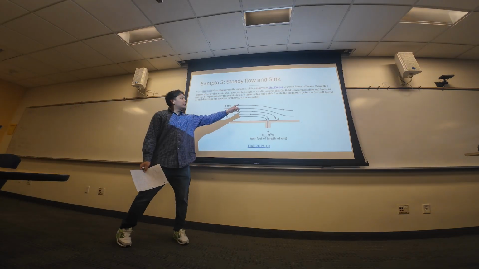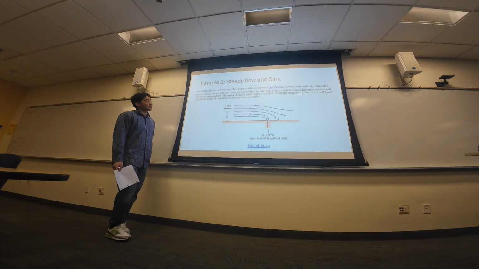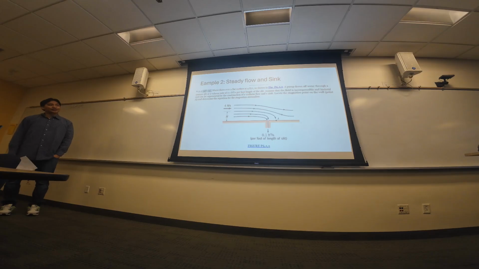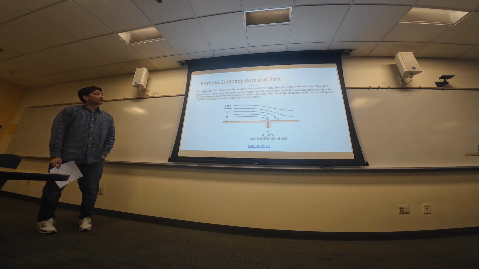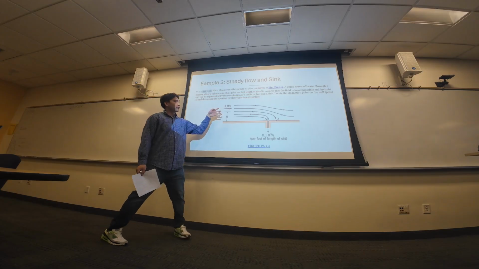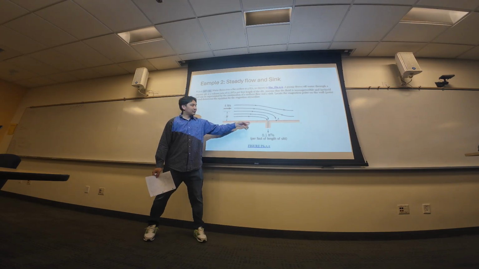Okay? Assume that the fluid is incompressible and inviscid, right? Incompressible means density is constant. Inviscid means there is no viscosity in our fluid. And this can be represented by a combination of uniform flow, which is coming in this direction from your U, and a sink, which is right here.